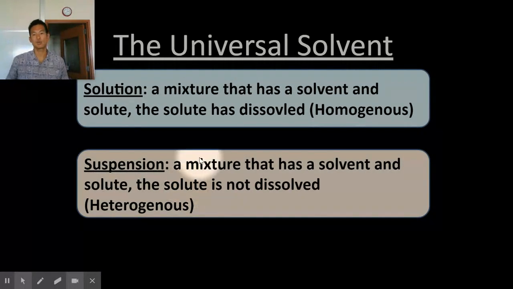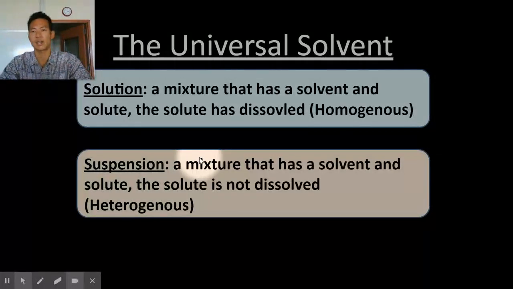The difference between the two is that in a solution, the solvent has dissolved the solute. The liquid has dissolved the solid.